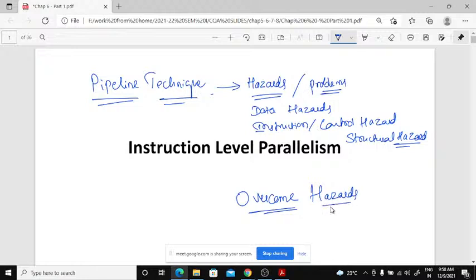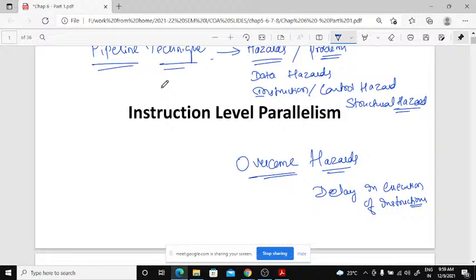Hazard means there is a delay in the execution of instructions. So how can we improve the execution of instructions?